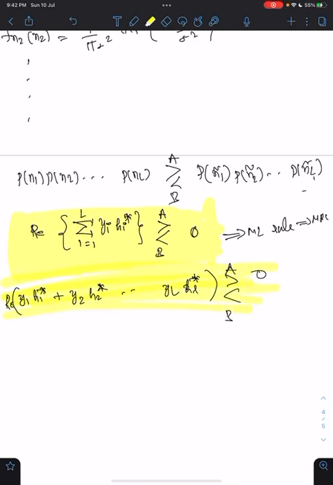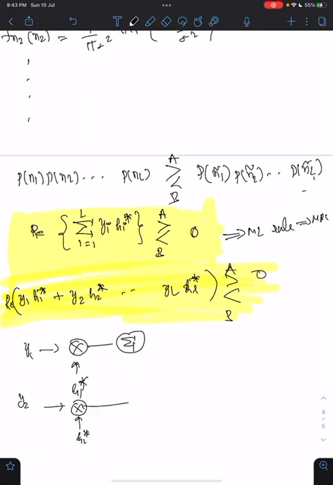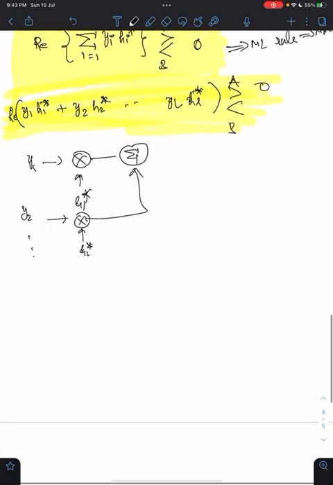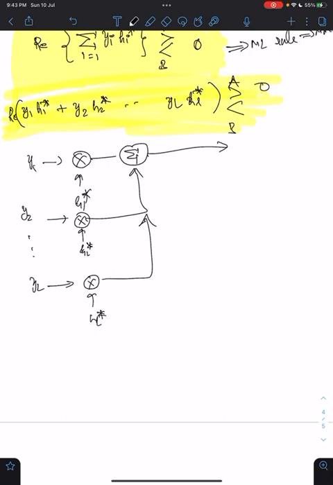So we can easily do the construction of MRC now. You get y1, multiply by h1 star, sum it up; y2, h2 star, sum it up; up to yl, hl star, sum it up, and essentially get the output, and there will be a two-level decider.